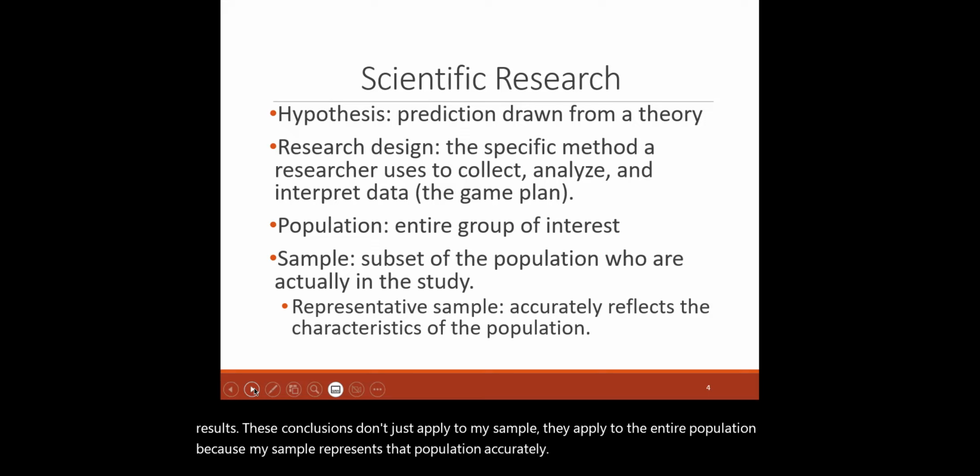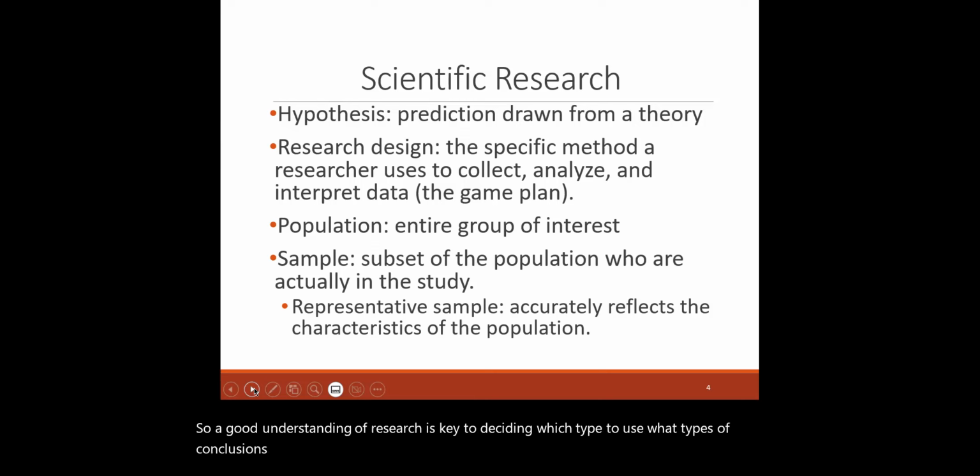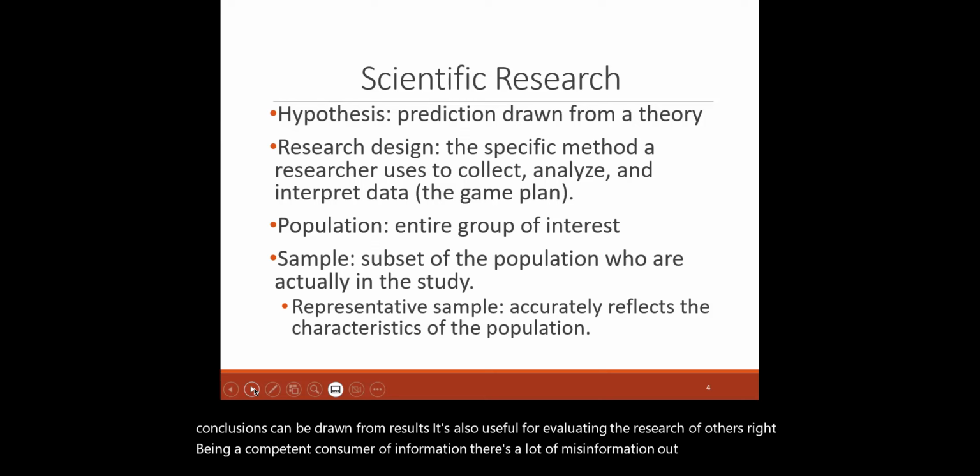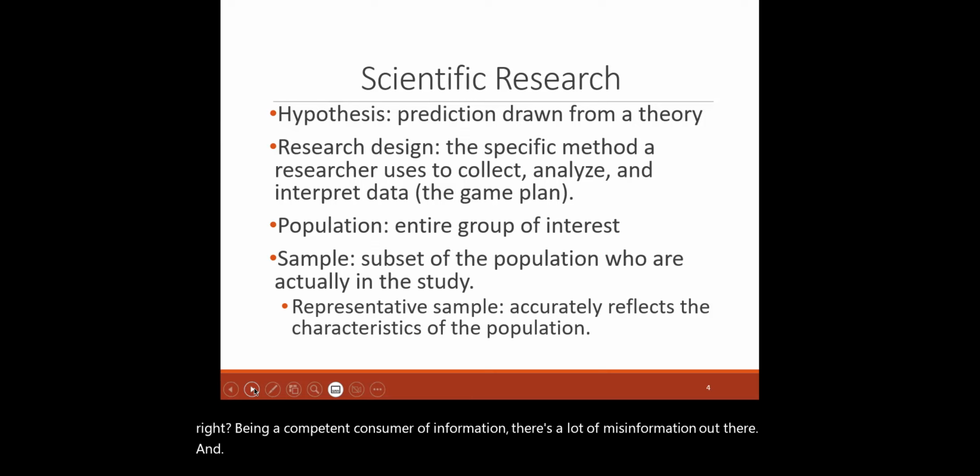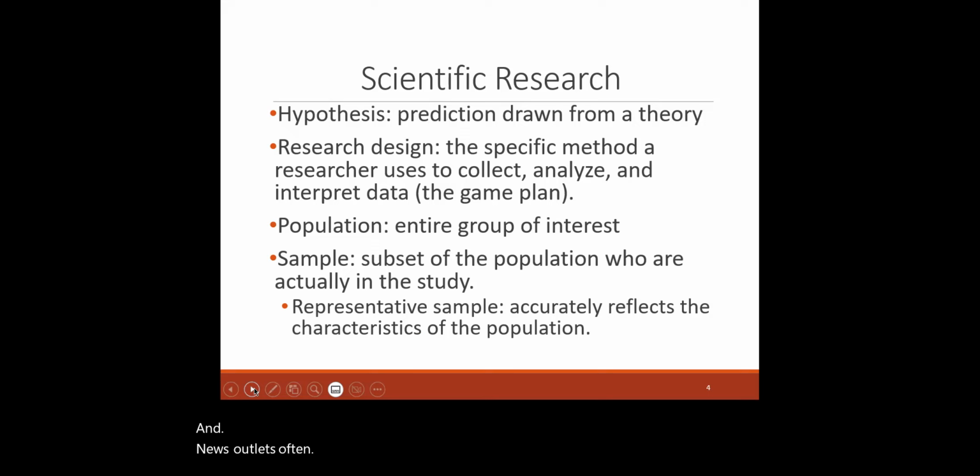So a good understanding of research is key to deciding which type to use, what types of conclusions can be drawn from results. It's also useful for evaluating the research of others, right? Being a competent consumer of information. There's a lot of misinformation out there, and news outlets often misrepresent findings such as inferring causation from correlational research results, for one.